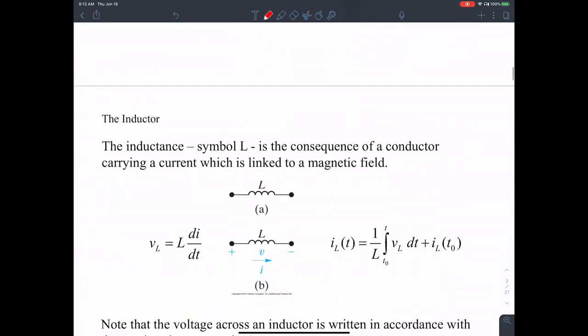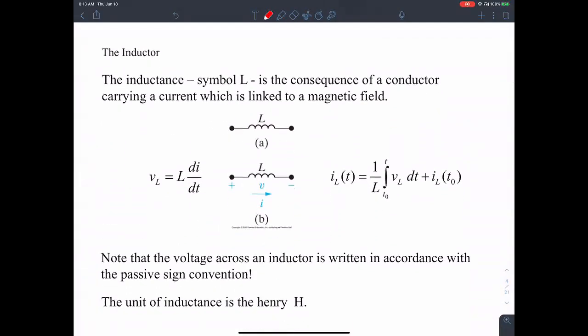Okay, let's take a closer look at the inductor. The symbol of inductance is shown here, and that represents a winding. The alphabet used to represent inductance is L. It's a consequence of a conductor carrying a current, an artifact of the magnetic field of the current.